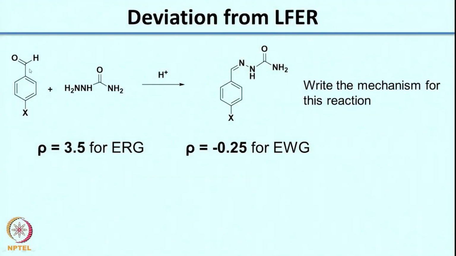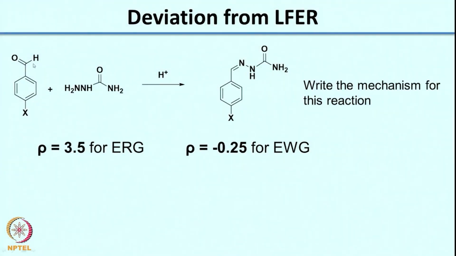Now something very interesting is observed. What is observed is that in some reactions you do not have a linear relationship throughout the reaction, as in you do not have a linear relationship across all substituents. One example is this particular reaction, you might find it familiar.